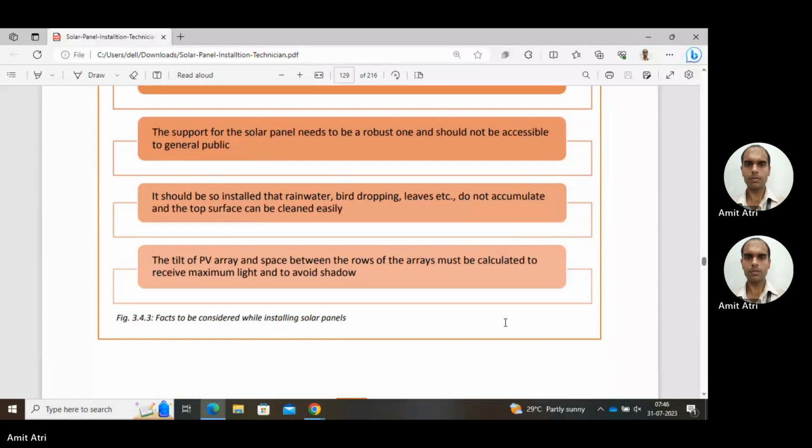We should avoid anyone going there, except for maintenance. Trained technicians can access it for maintenance purposes, regular checkups, or maybe daily cleaning activity. They can access it, but the general public we should avoid. Everyone should not be going there. After that, it should be installed so that rainwater, bird droppings, leaves, etc. do not accumulate on the top surface and it can be cleaned easily. Yes, because all of these types of objects like bird droppings and leaves fall there on the panel.